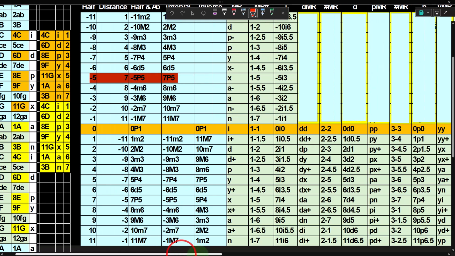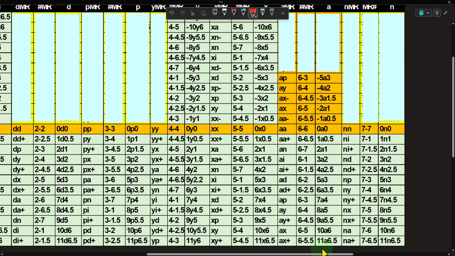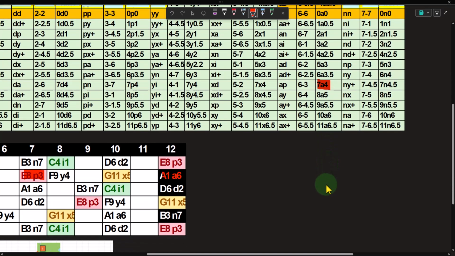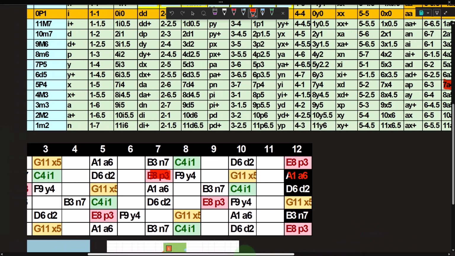But it would be more clear if we did this, because then I can say it's an AP modal range, a 6-3 modal range. If we go counterclockwise from the A, that would be a -5 note away from the Aeolian node, -3rd modal half step. And that way, if I look at the other side, 12 minus 5 is 7, and 7 minus 3 is 4. So that would be a 7 note away from the Aeolian node, 4th modal half step, which would be a 5th scale degree.